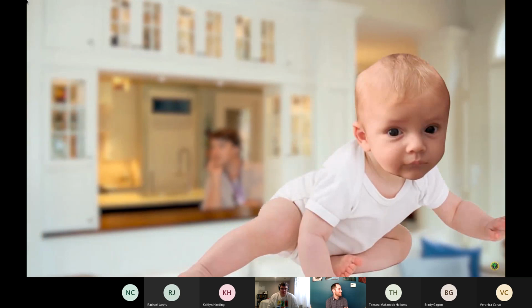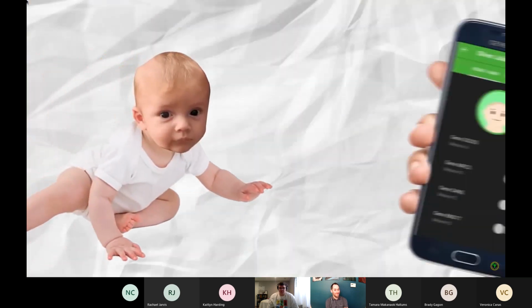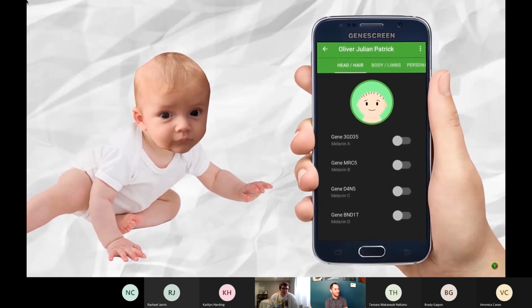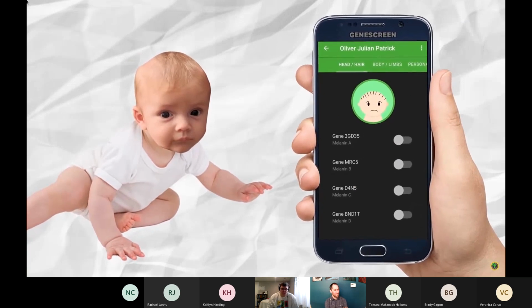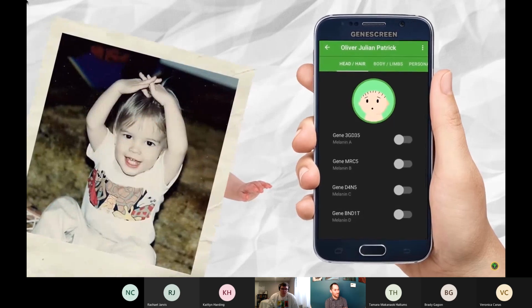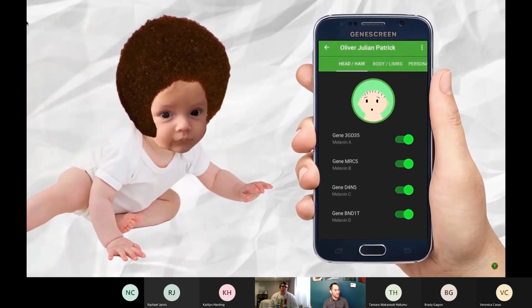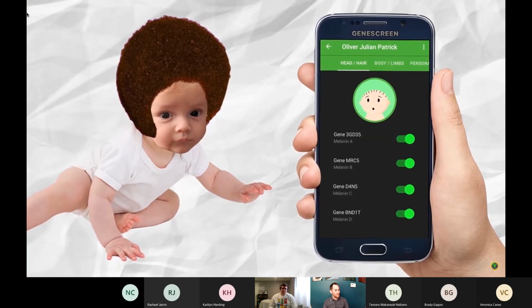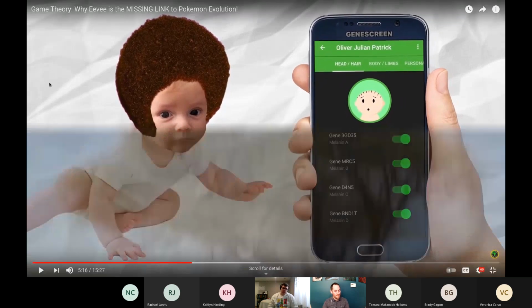Oh, yeah, sure, that's what you would say. Now, what's really going on here is that right now, most of the genes in Oliver's system that produce melanin, which turns your hair brown, are turned off. Like, way off. Just like I had when I was his age. But when he gets older, those genes get activated, and his hair will turn brown just like ours. His physical traits will change as his genes turn on and off.